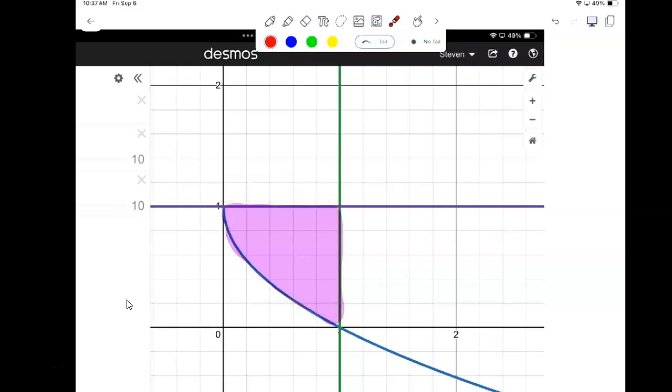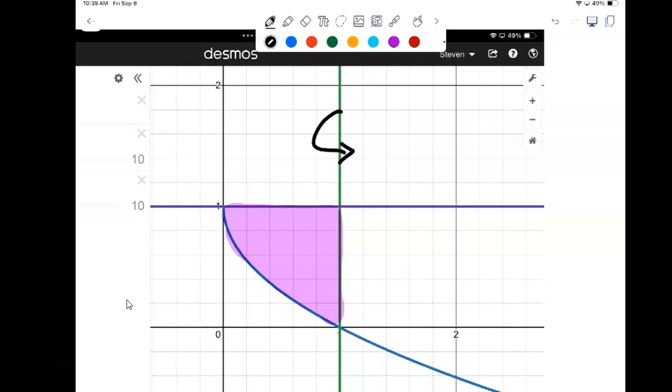But this slice of pizza is not being revolved about the x, nor is it being revolved about the y. It's instead being revolved about the line x equals 1.